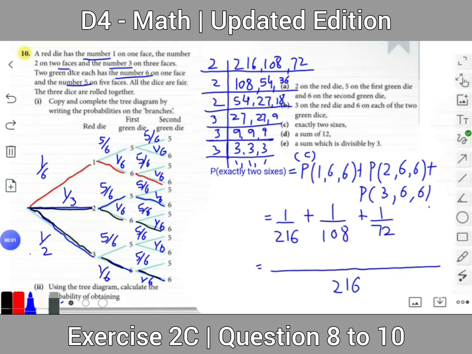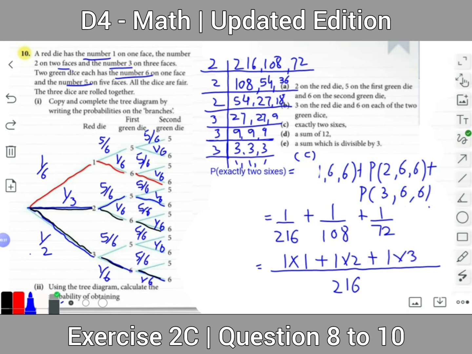Since the LCM is 216, now by using the butterfly rule, 216 ones are 216, so we have 1 multiplied by 1 plus 108 2's is equal to 216. So here we have 1 multiplied by 2 plus 72 threes is equal to 72 multiplied by 3 is equal to 216. So here we have 1 multiplied by 3.